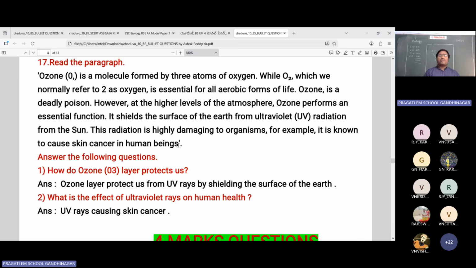This is about ozone. Ozone is a molecule formed by three atoms of oxygen, while O2, which normally refers to two atoms, I mean oxygen, is essential for all aerobic forms of life, isn't it? Ozone is deadly poisonous.